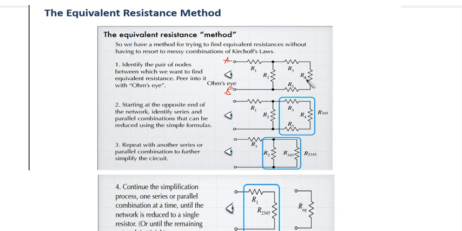All right. So starting from this end now, let's identify if there's a series or a parallel combination. So from this end now, we have R4, we have R3, we have R5. These three resistors are in series because any current that enters this place, the same current is going to flow through them.